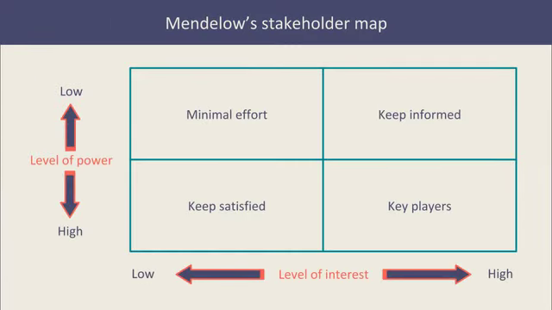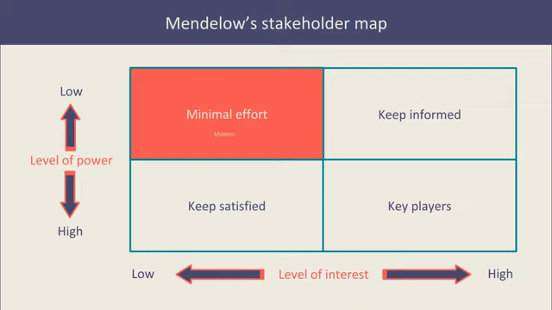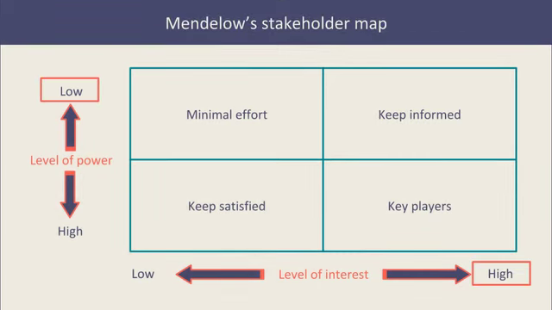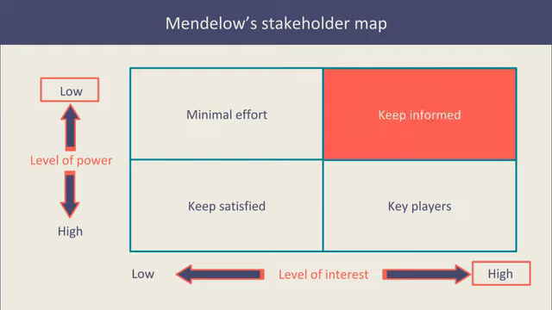However, although we might argue that the mailman is a stakeholder in the organisation to a degree, he will have very little interest in our business strategy and no power to influence it. These stakeholders can largely be ignored for this purpose, hence minimal effort. Those with low power but high interest still need to be kept on side to a degree, as they can stir up trouble and try to influence stakeholders with more power, hence keep informed.